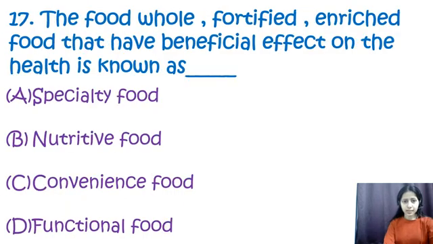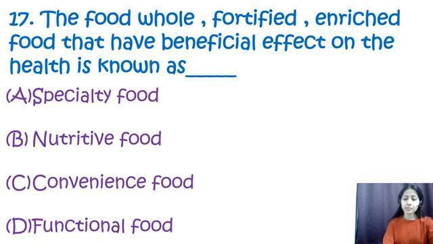Number 17. The whole food, fortified, enriched food that has a beneficial effect on health is known as: option A, specialty food; option B, nutritive food; option C, convenience food; and option D, functional foods. These functional foods are a category of food that provides health benefits beyond the basic nutrients.